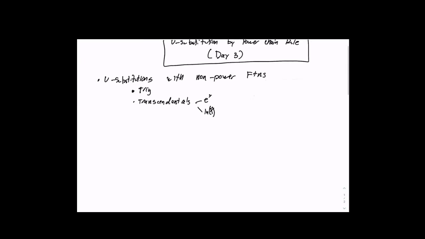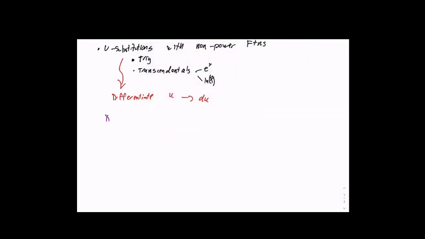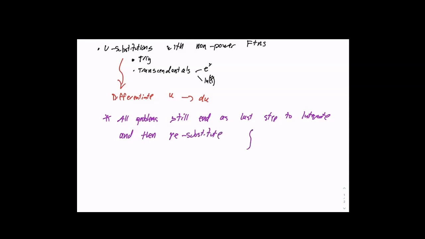All right. But with these substitutions, remember that we just need to differentiate u to get du, and as such, all problems still end as the last step to integrate and then resubstitute the integral of ku to the n du.